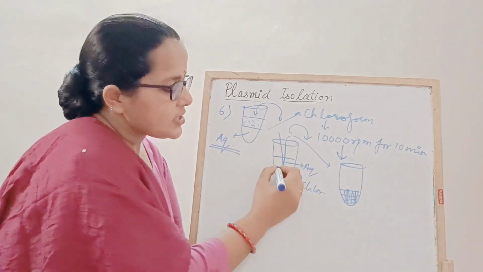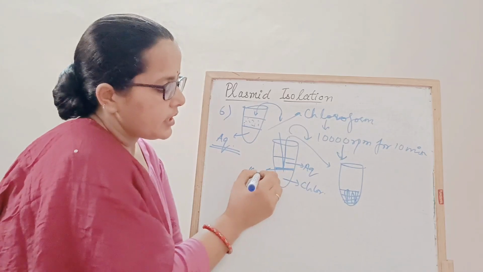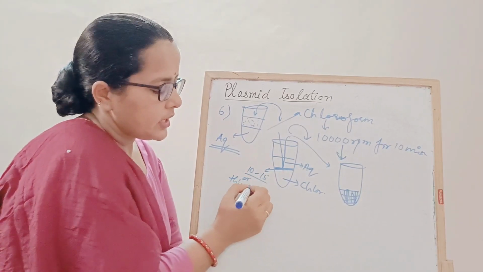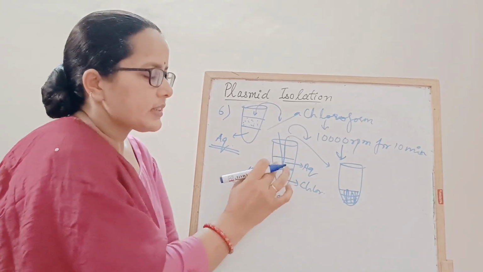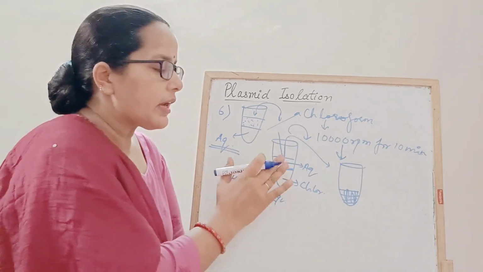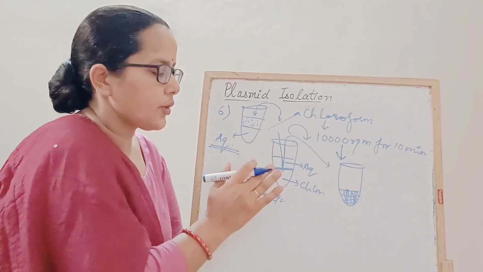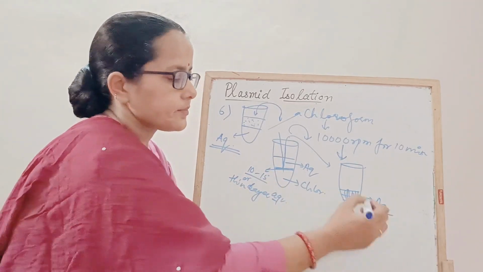So to avoid that, leave 10 to 15 microliter, or a very thin layer of aqueous phase. आप aqueous phase की एक thin layer इसमें छोड़ दो. छोड़ने से क्या होगा, the organic phase will not come out with your aqueous phase. Now you have pure aqueous phase.